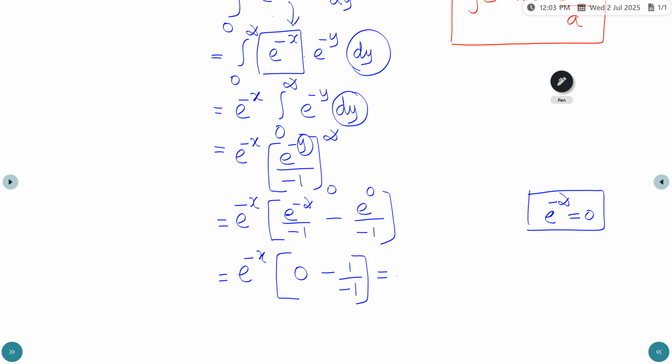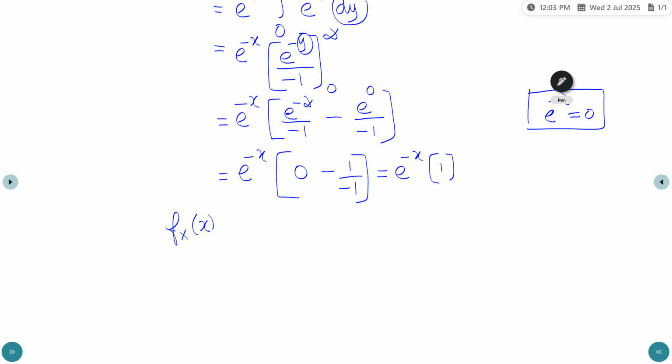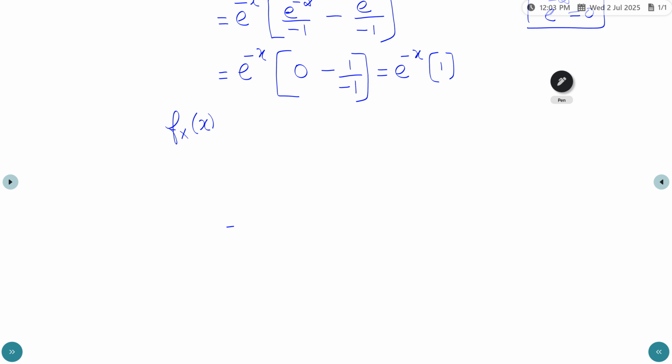So that is e power minus x into minus 1 times minus 1, that is 1. So f x of x equals e power minus x.